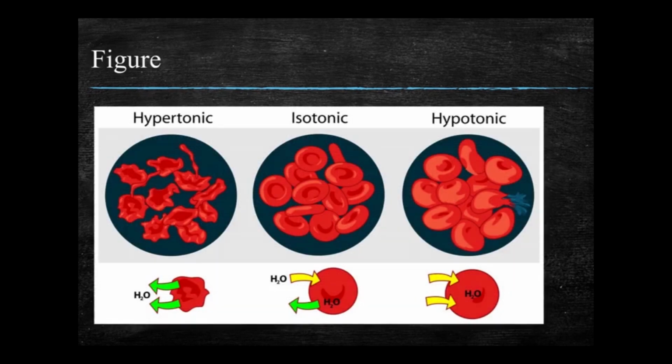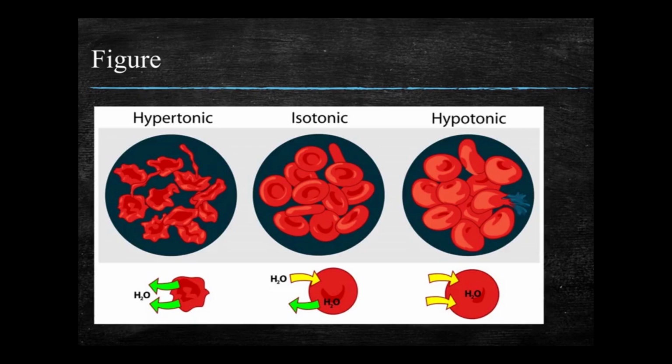Now you can see from the figure, these are the red blood cells that are kept in different solutions. This is a hypotonic solution, in which the number of water molecules outside the cells is greater. The water molecules enter the cell as there is no cell wall in animal cells. So the cell membrane is unable to bear the pressure of water, and finally, the cell will burst.